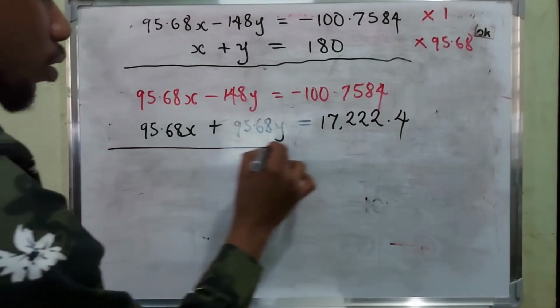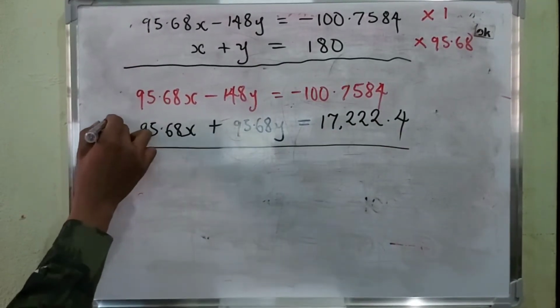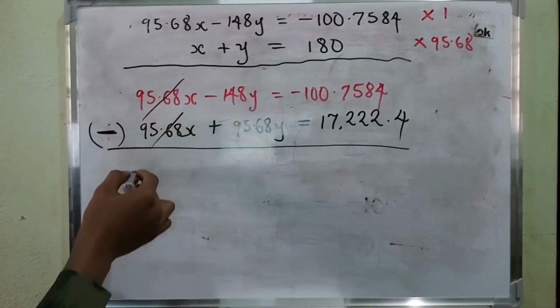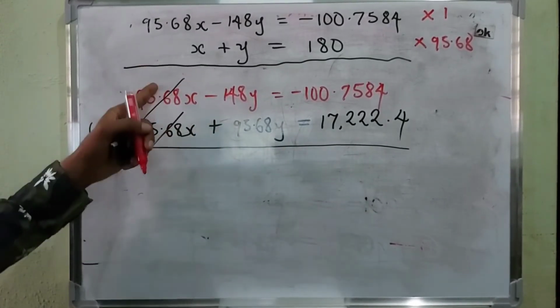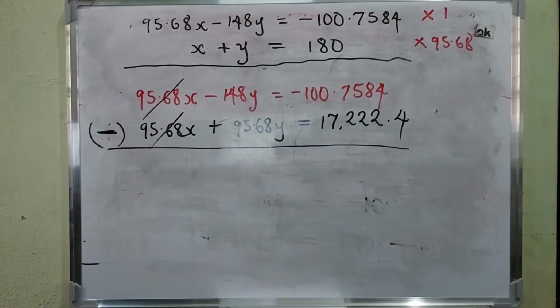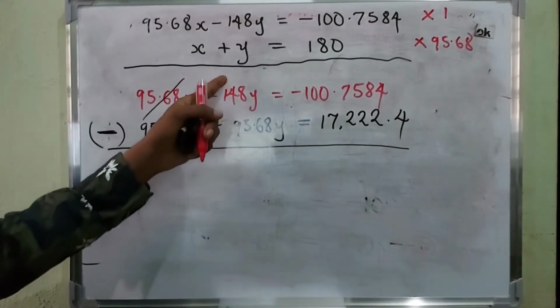So let's go ahead. We now subtract these two expressions. Once we subtract them, the x will subtract out. Then we have minus minus, which is plus, and plus plus is still plus. So we're going to add these two expressions.